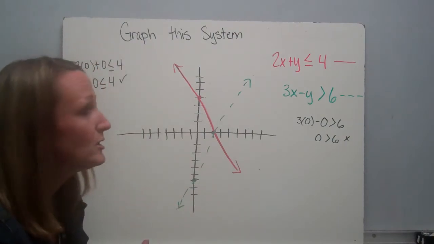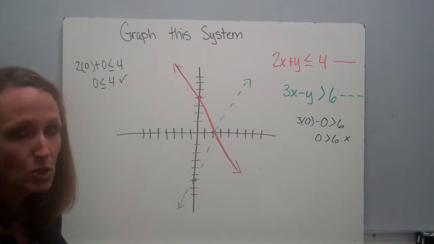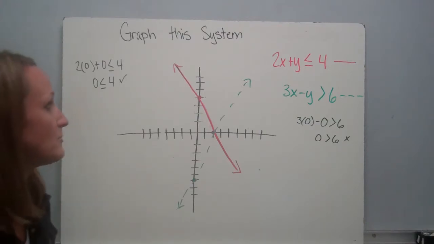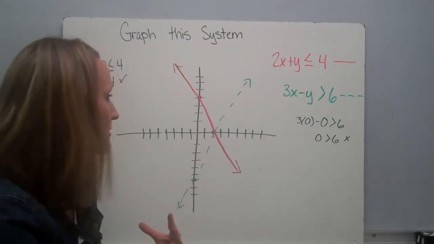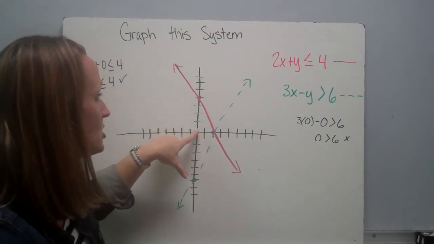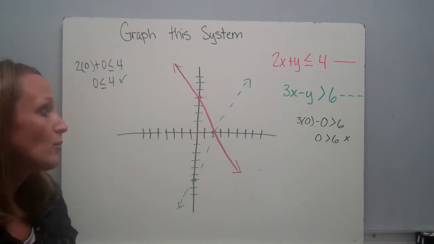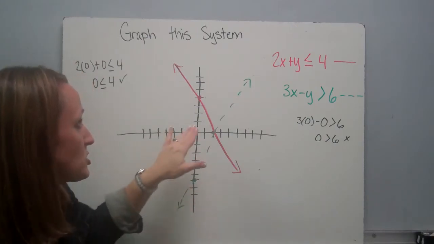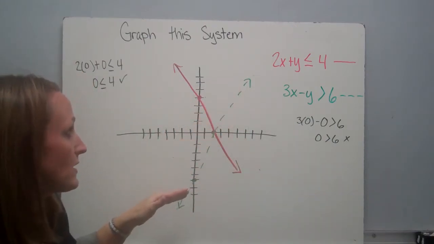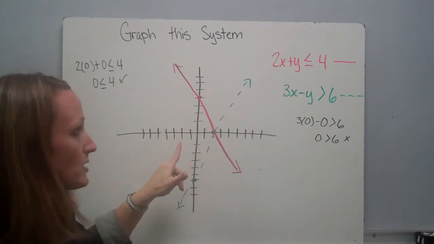Now, shading is a little more difficult when you have them in this form because you can't look right at it and see. So what I did was I picked a point on this graph. I picked the origin, 0, 0, because that's very easy to plug in. When you pick a point to plug in, you have to make sure it doesn't actually fall on either line. In this case, it doesn't, so we can use it.